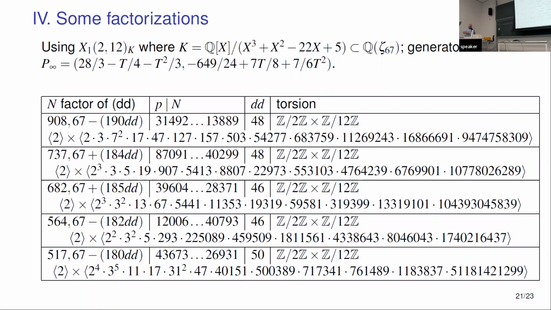Of course, I have to show you big factorizations. I took this example, which is a subfield of Q(zeta_67), with generator and so on. You see examples. Torsion is Z/2 x Z/12, and you have the factorization of the order.